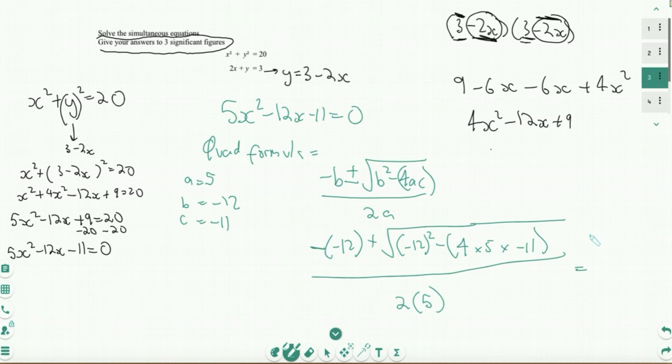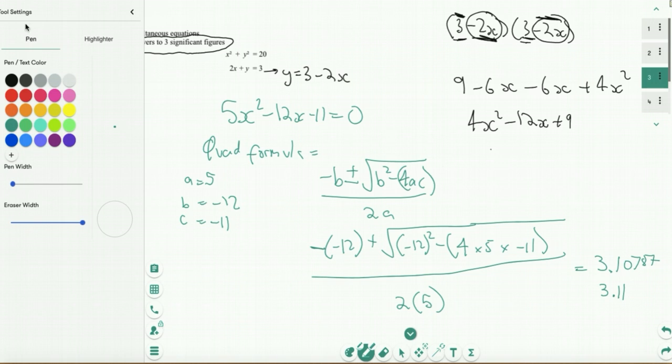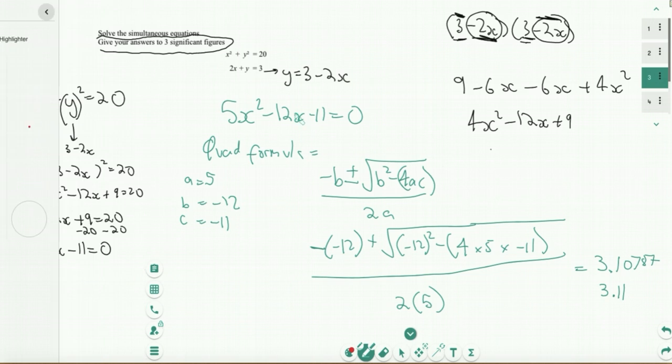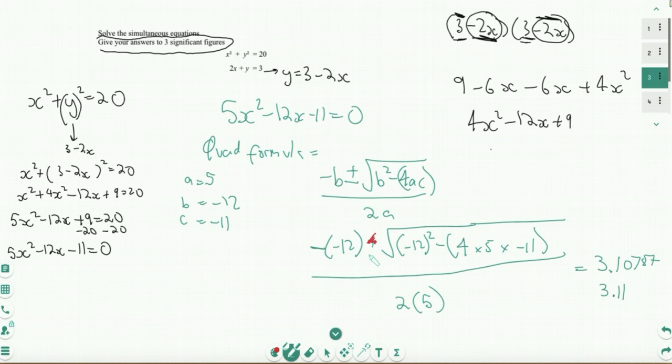So our first answer for x is going to be, to 3 significant figures, 3.10787. 1, 2, 3. So we have to round it, so 3.11 is our first value for x. How about our second value of x? Instead of the plus, we'll replace it with a minus.